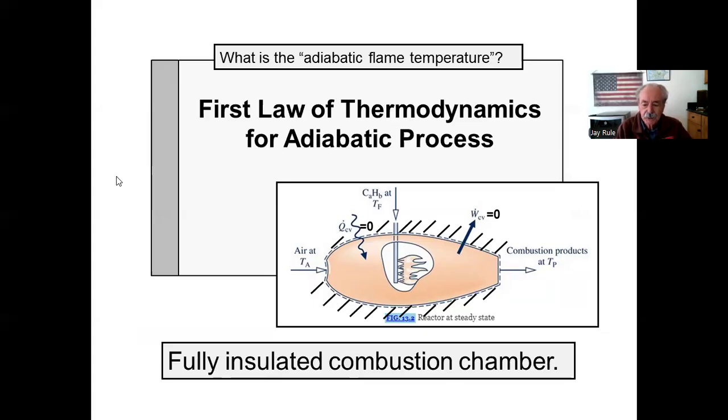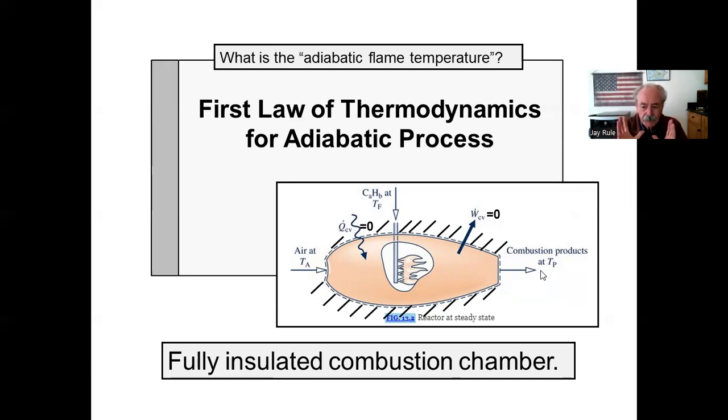I've started with that same sketch, but I've made a point to crosshatch to show that the surface of this combustion chamber is fully insulated. So there's no heat transfer across the system boundary. This flame is sitting there burning, and do you see that the combustion products, if there's no heat transfer to the surroundings, the temperature of the combustion products is going to be as hot as it possibly can be, right?